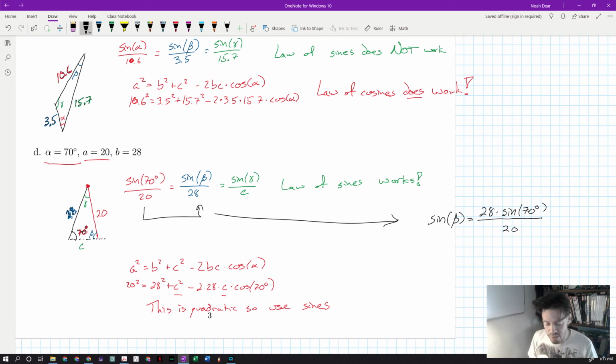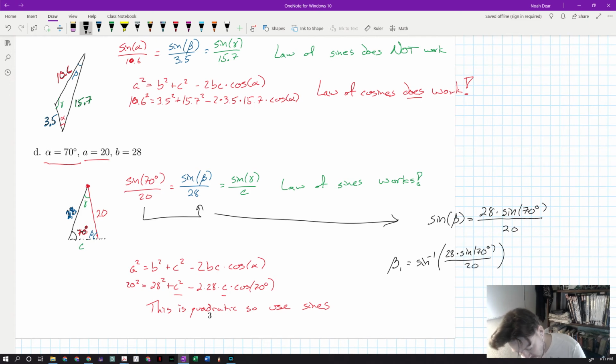I'm going to show this in two different ways on why we now do the following. There's going to be beta 1 equals what we would expect, just the sine inverse of 28 times sine of 70 degrees over 20.